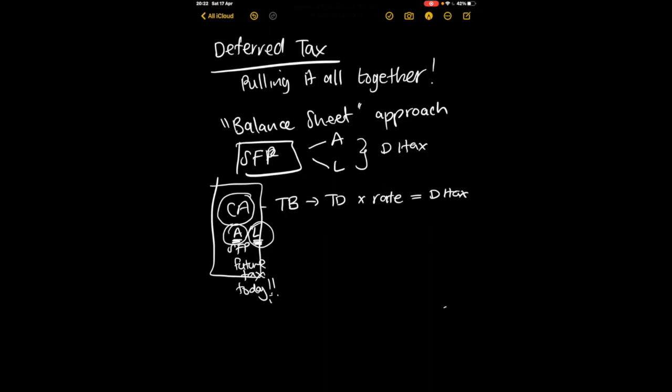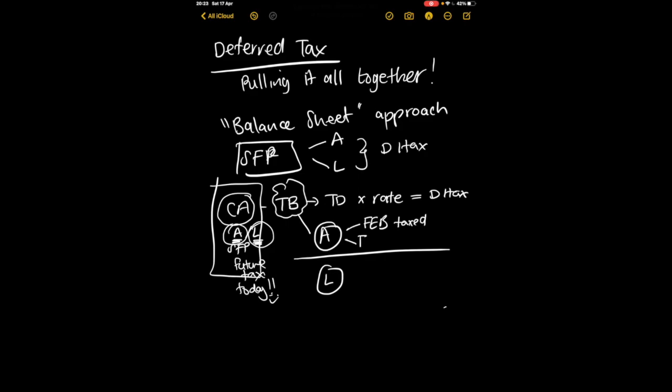So now that we understand where we're getting our carrying amount from, let's talk about the tax base. The tax base for an asset and for a liability would differ. For an asset, we've got to think about the future economic benefits. The future economic benefits of an asset can either be taxed or not be taxed.